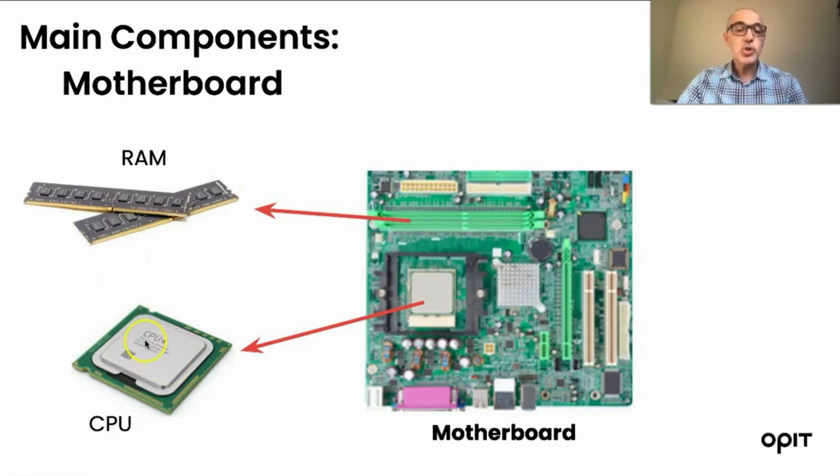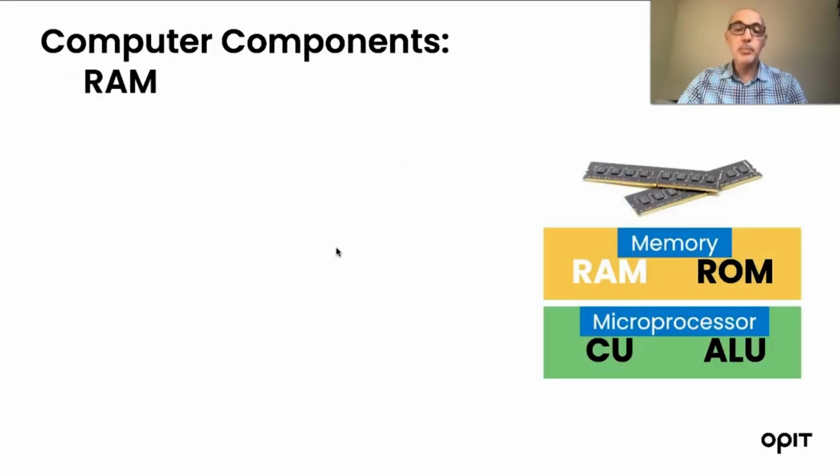This is the central processing unit. When you buy your computer, most of the time you will find, for instance, Intel inside or AMD. This is the name of your chip, the central processing unit. And then you will find another piece that we call the ROM. So let's dive into and see the details of all these components.